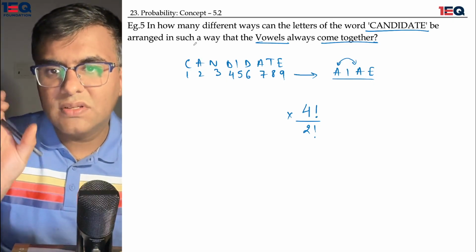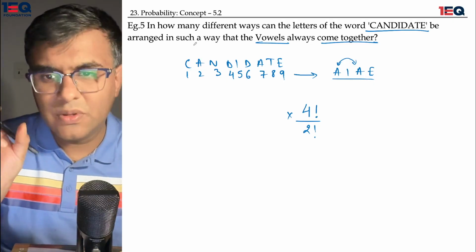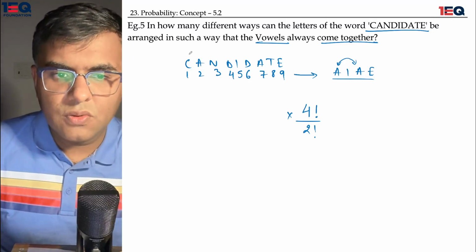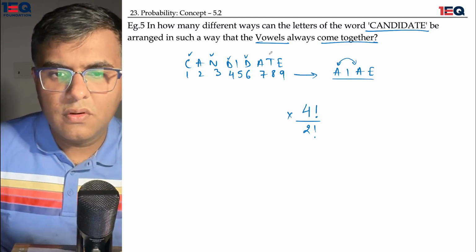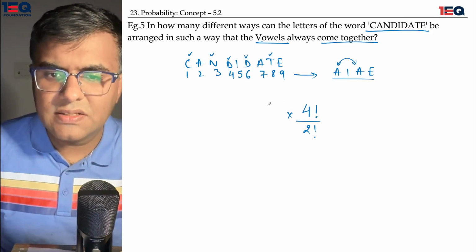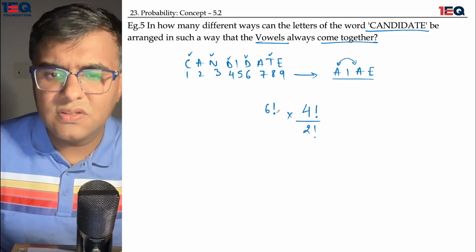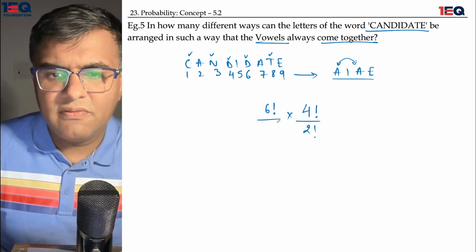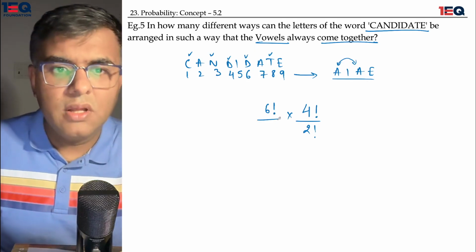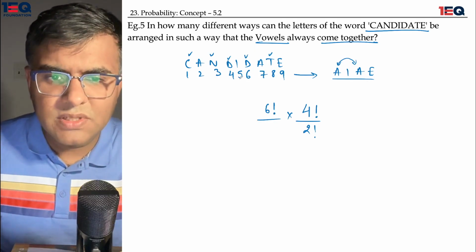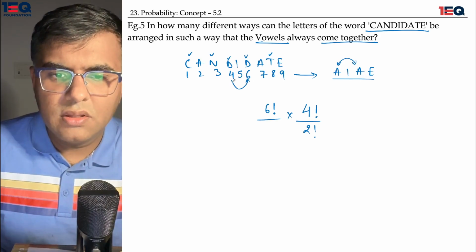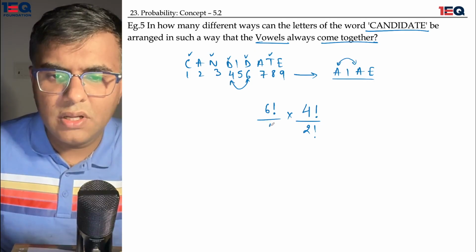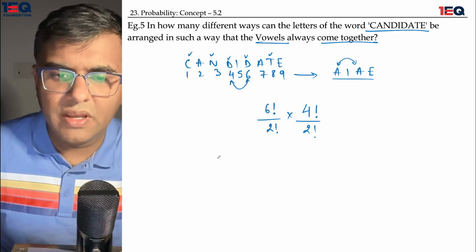Because I'm considering all the vowels together as one entity. So we have 1, 2, 3, 4, 5, plus 1, that is the vowels as one entity. So 6 factorial, upon the number of repetitions. D is being repeated, so another 2 factorial would come in.